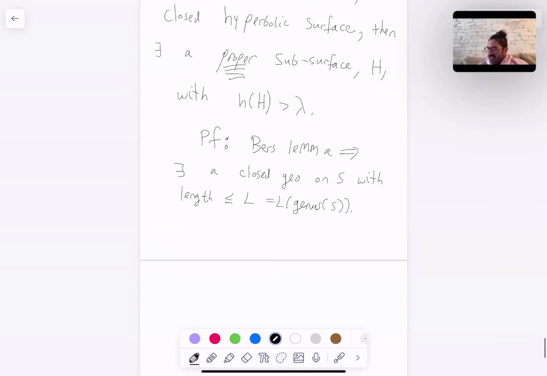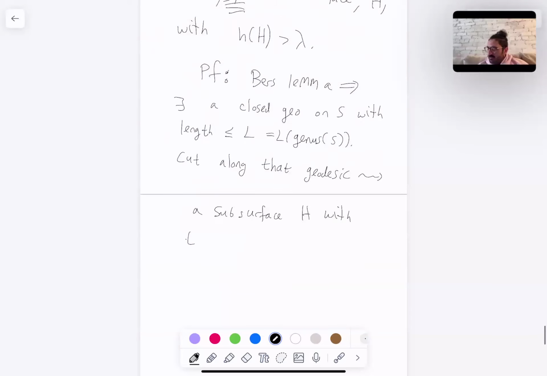Then you just cut along that geodesic. And this gives you a subsurface H with totally geodesic boundary.